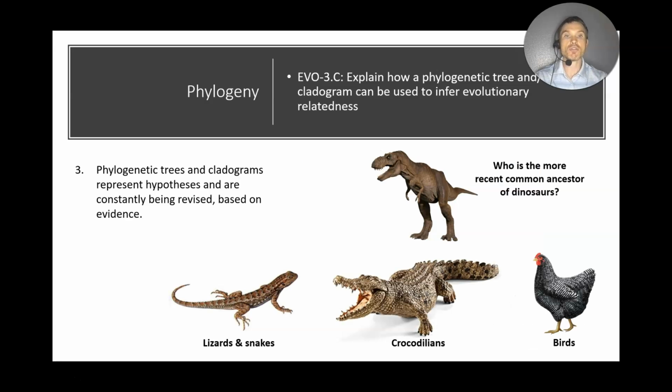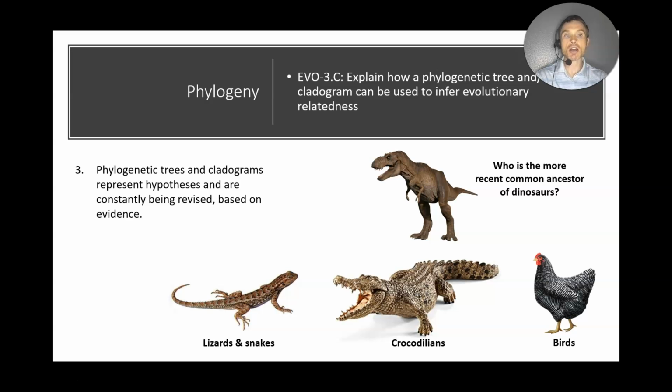Here's another question for you. What is the most recent common ancestor of the dinosaurs? 3 options: lizards and snakes, crocodilians, or birds. Once again, remember that what we're looking at here is morphological similarities, fossil evidence, as well as DNA or protein sequences.